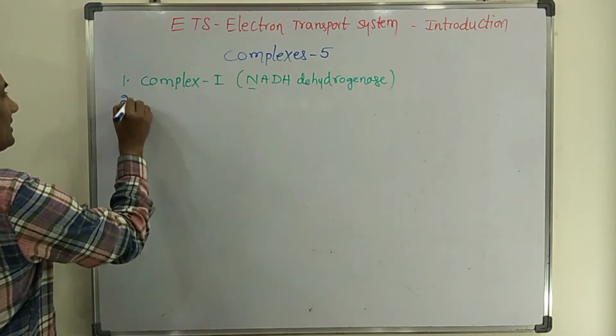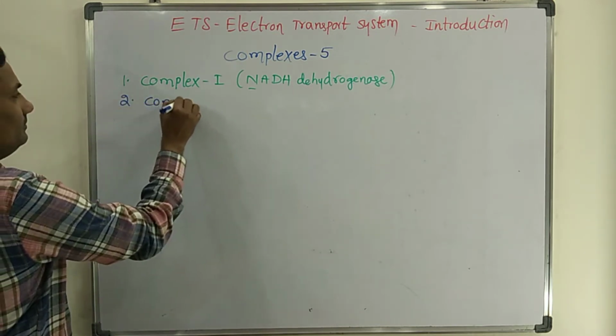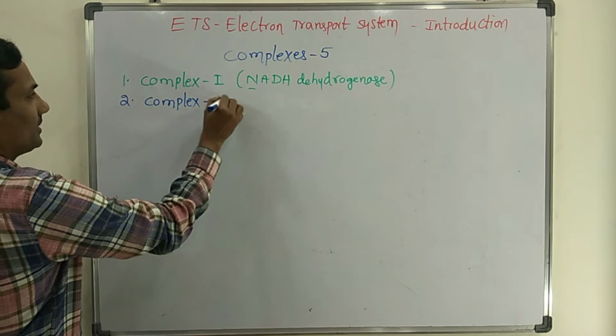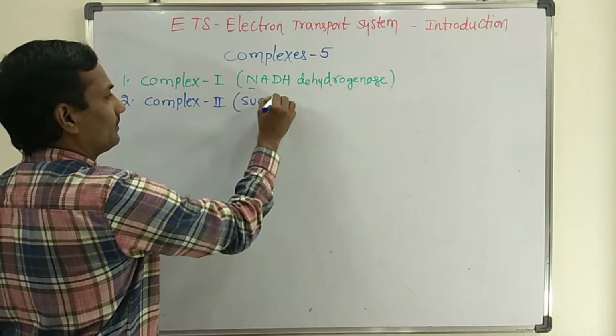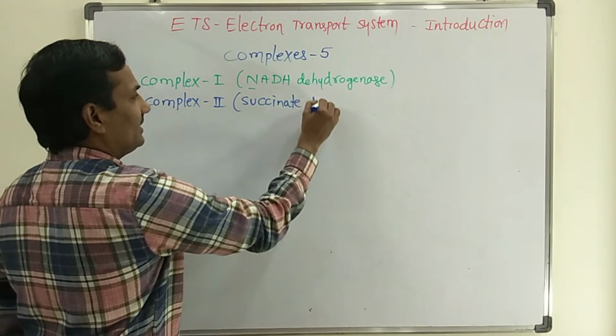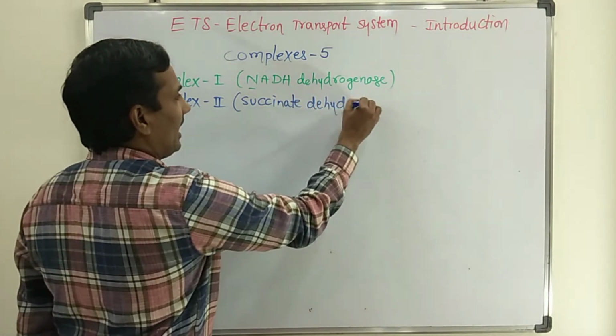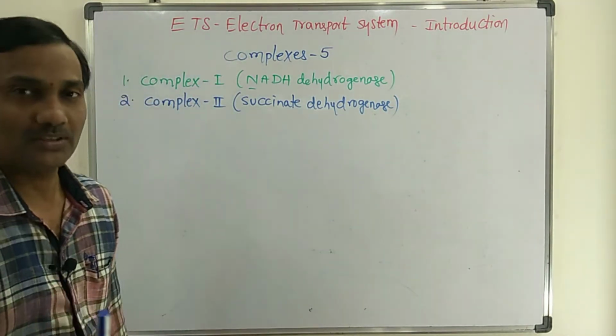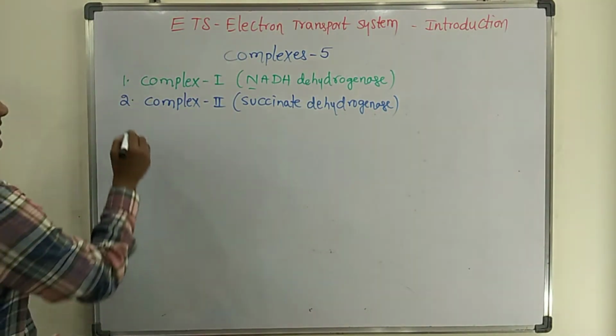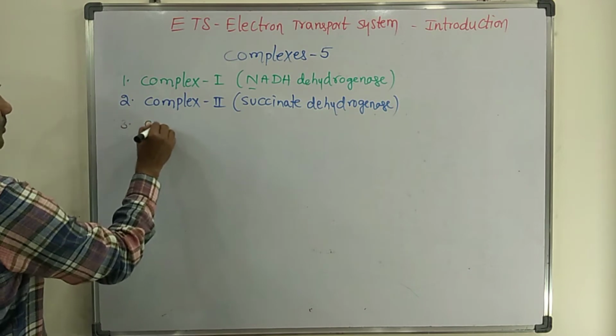Second complex, complex 2. Complex 2 is otherwise known as succinate dehydrogenase. That is complex 2. Next, complex 3.